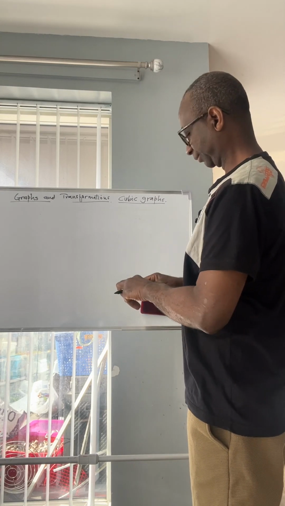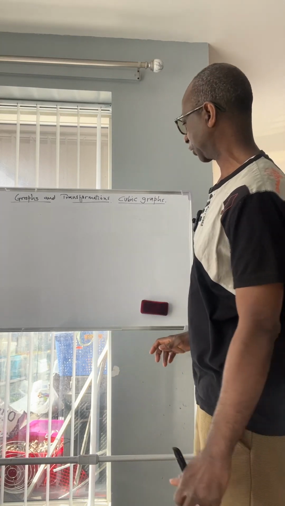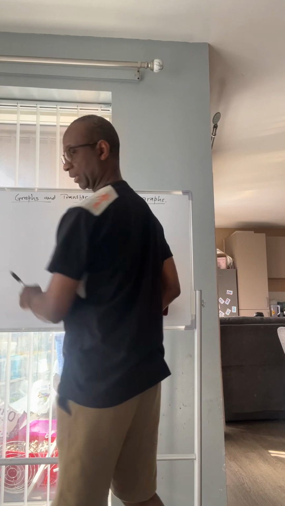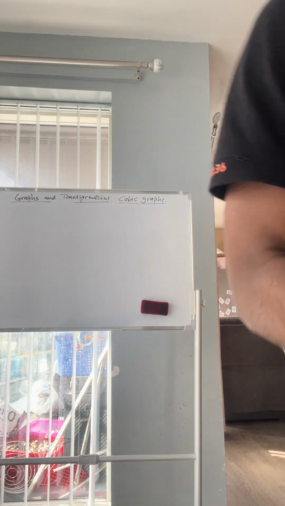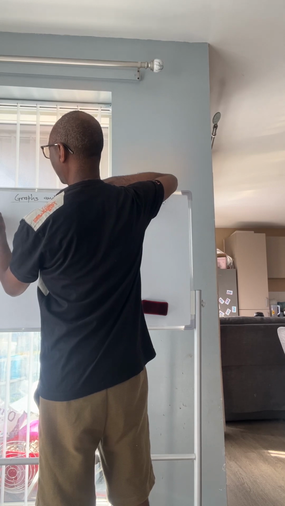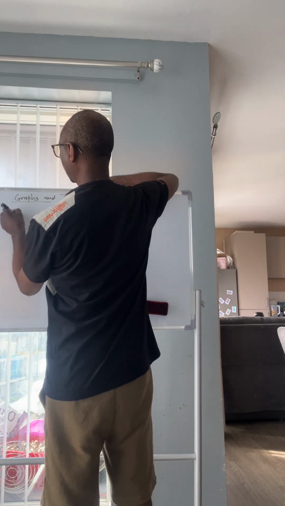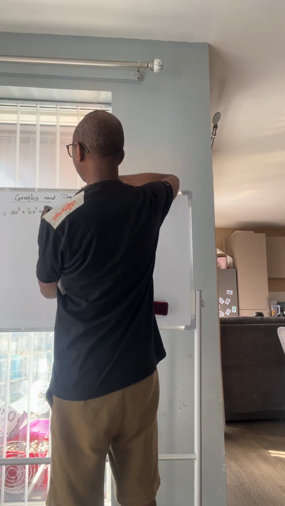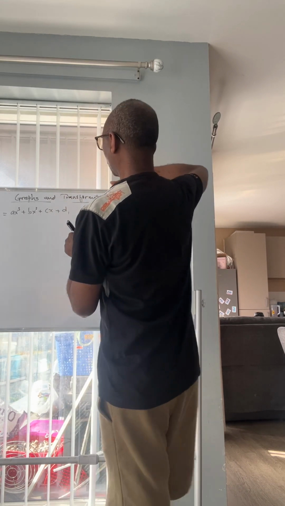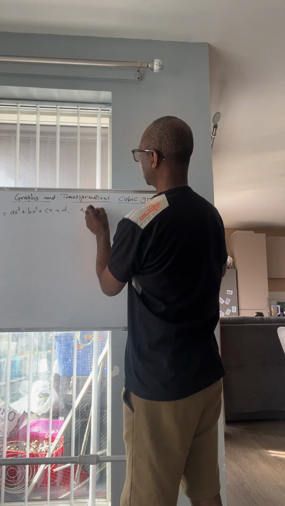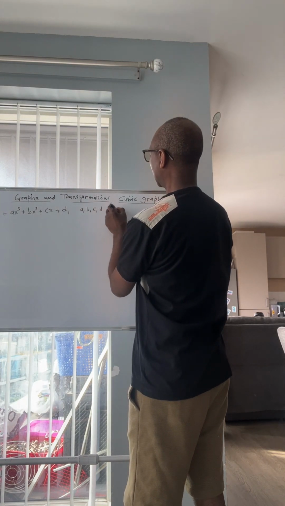We did say that graphs of this nature take the form f of x equals ax cubed plus bx squared plus cx plus d, where a, b, c, d are real numbers.